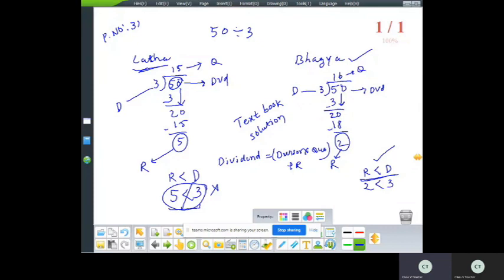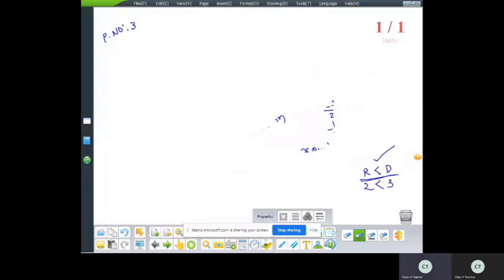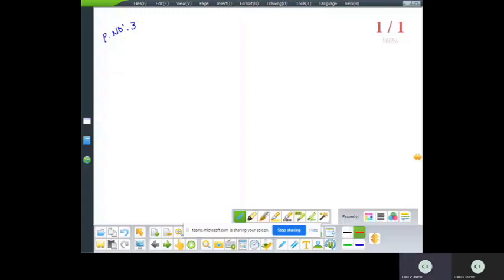See, some more problems are there, on page number 32.